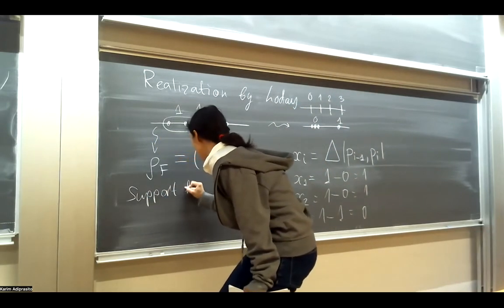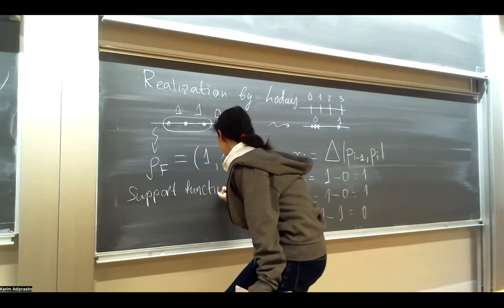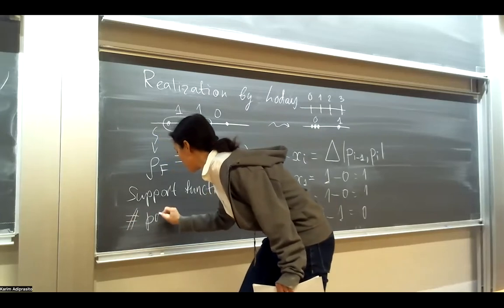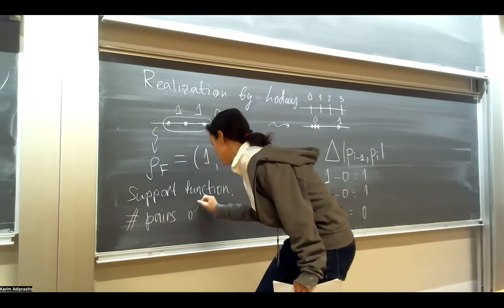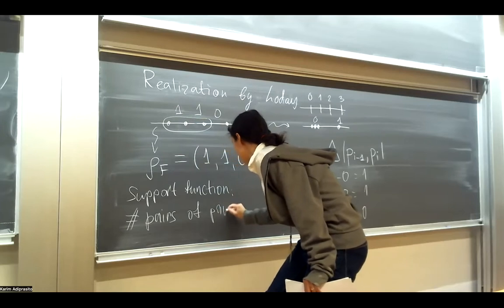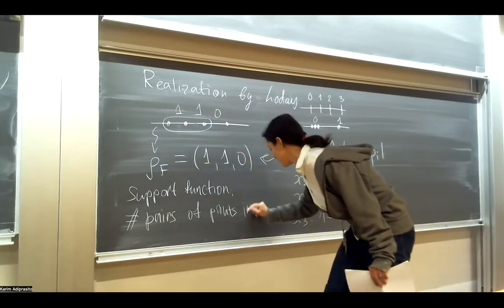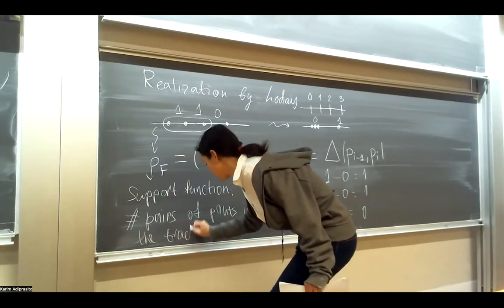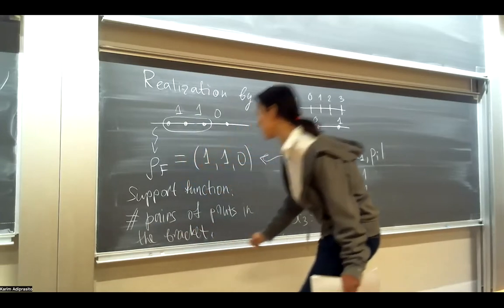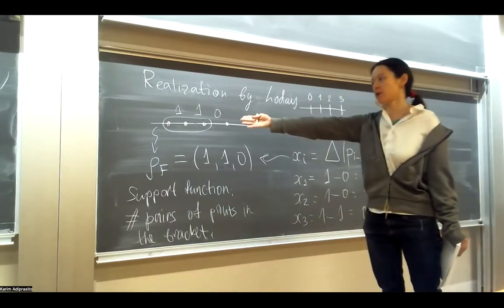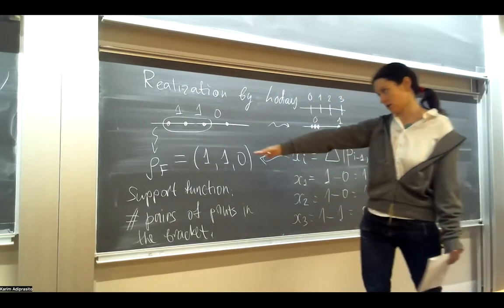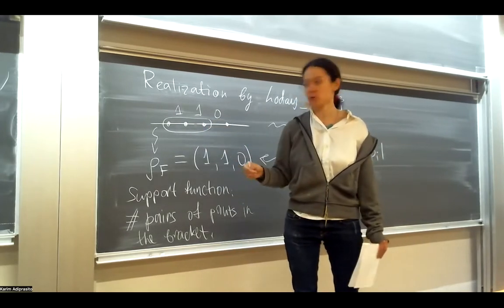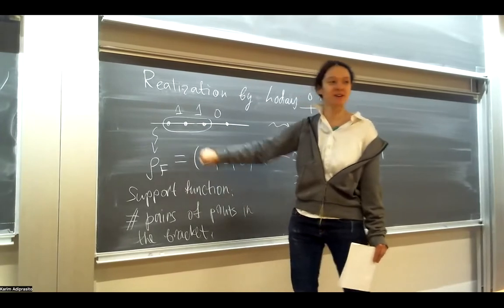Support function: number of pairs of points in the bracket. So in this example, the number of pairs of points in the bracket that has 3 points is equal to 3. This pair, this pair, and this pair.